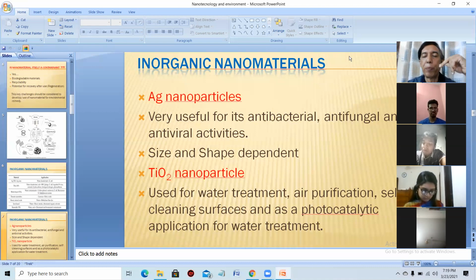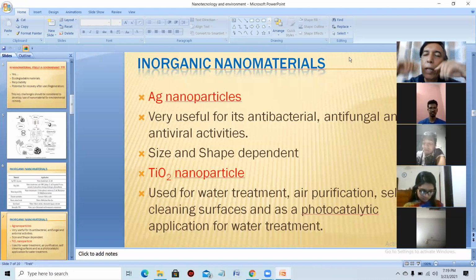And the shape, you will get spherical shaped nanoparticles. You will get a nano rod of silver. You can get a triangular shaped nanoparticle. It has been seen that the triangular shaped silver nanoparticle is very much useful for the bactericidal activity or fungicidal activity.